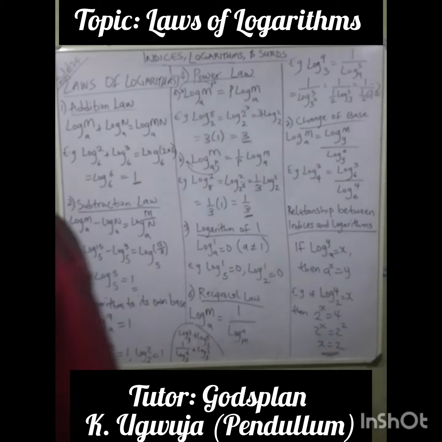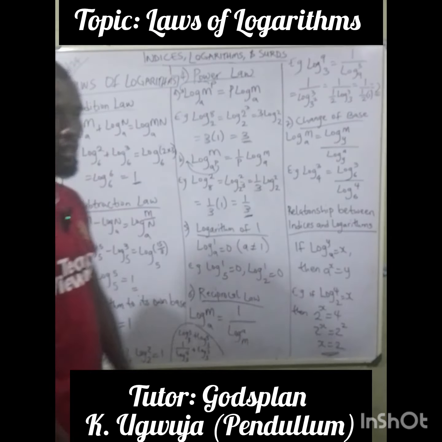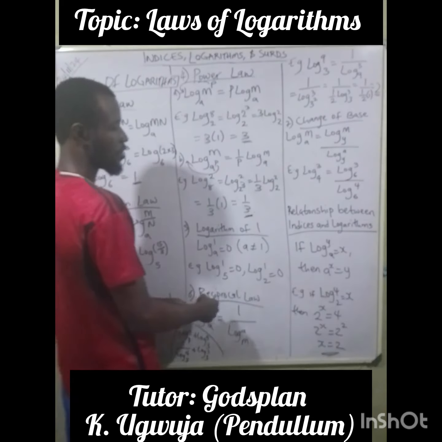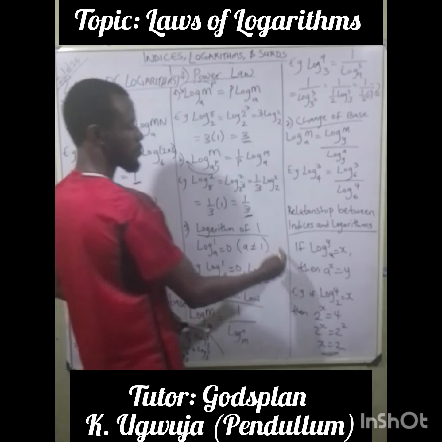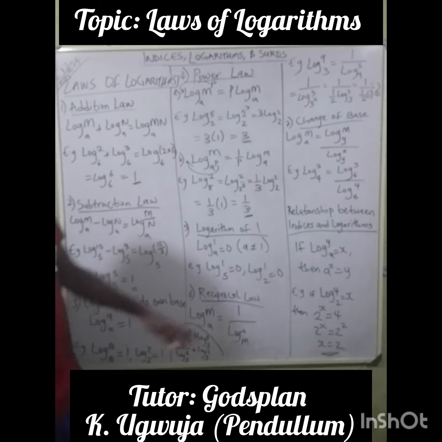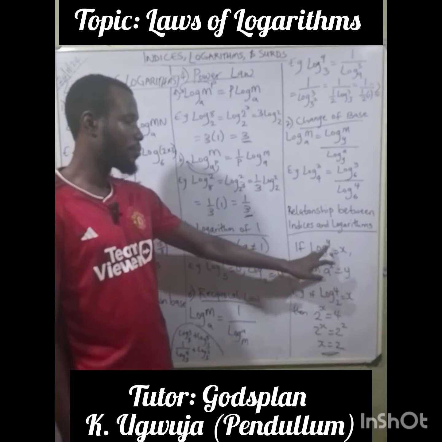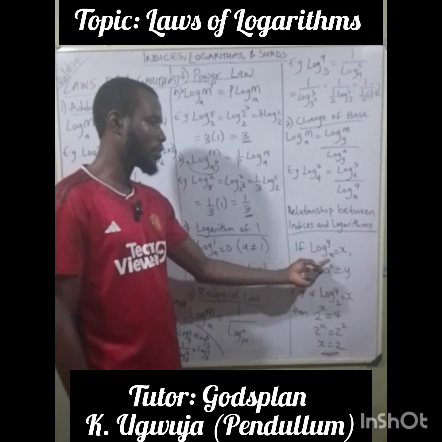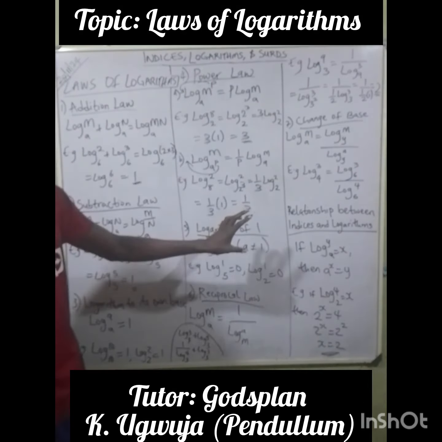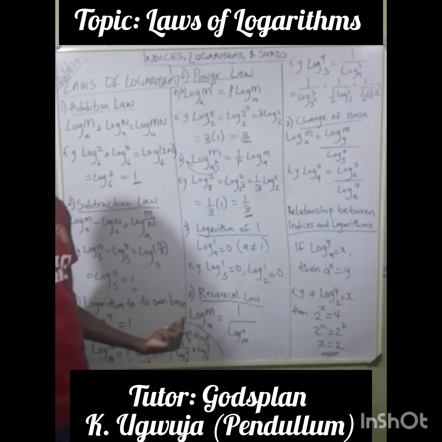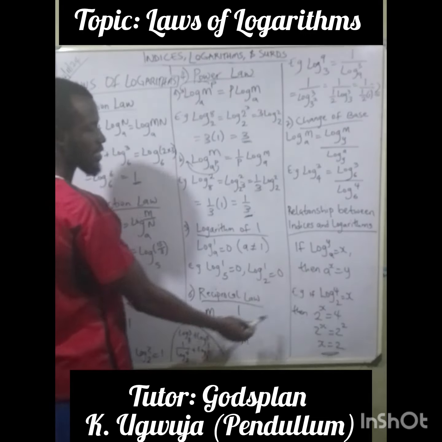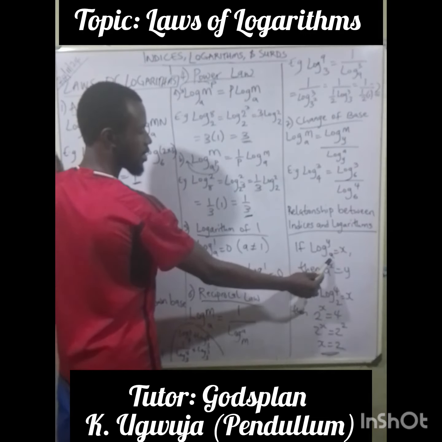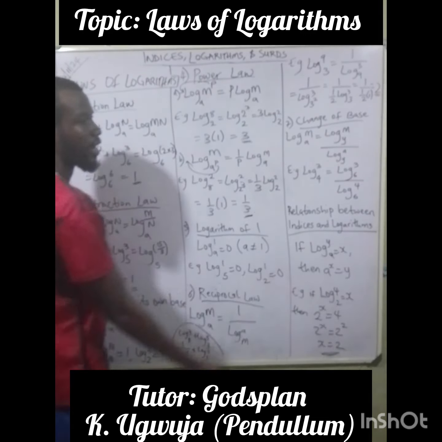Now, indices and logarithm are related by this relationship here. If log y base a is equal to x, that's a logarithm. If I want to convert it to indices, I say that a raised to the power x is equal to y.